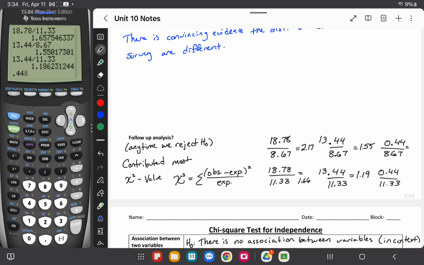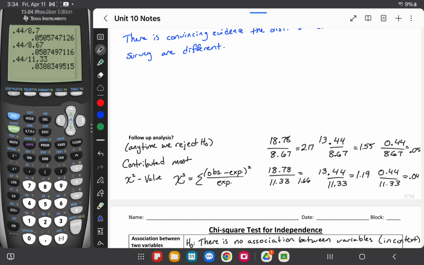And then last, 0.44 divided by 8.67 is going to be 0.05 for that contribution. And then last, 0.44 divided by 11.33 is 0.04 for that last contribution.